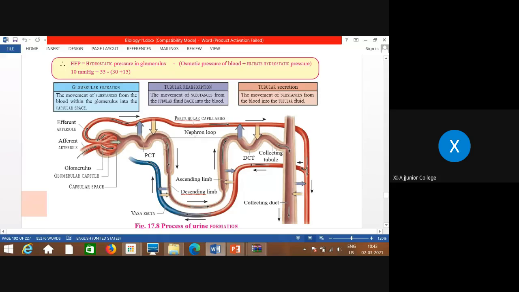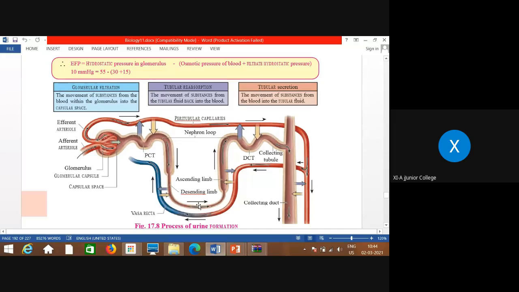So when the filtrate comes through the proximal convoluted tubule to the descending loop of Henle, maximum reabsorption of water takes place through this wall, as it is permeable to water. So the filtrate, which is called primary urine, becomes concentrated, because maximum water is reabsorbed by the walls of the PCT as well as the descending loop of Henle.